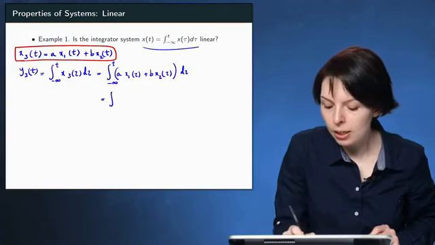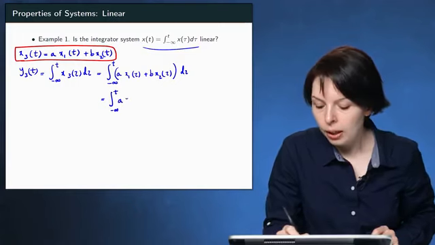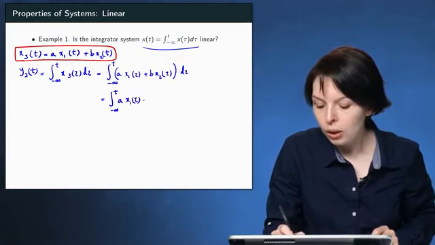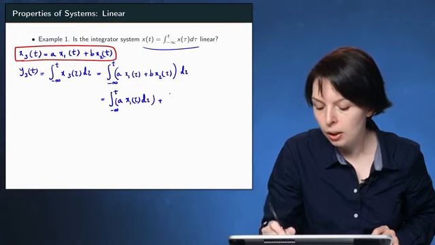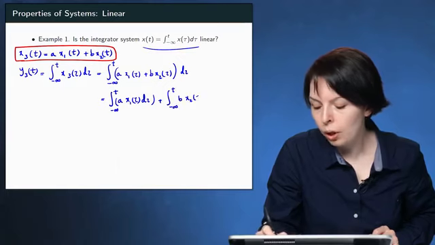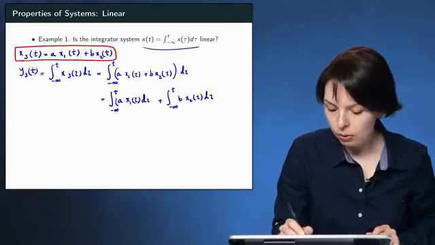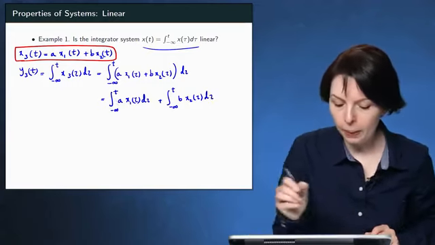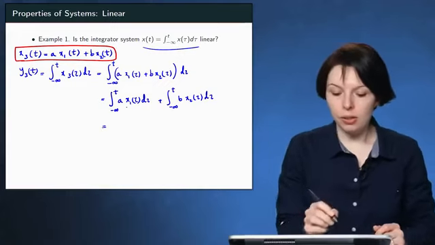I can write it as the integral from negative infinity to t of a times x1 of tau d tau plus the integral from negative infinity to t of b times x2 of tau d tau. Let's erase these, we don't need them. All right, so I have this one.